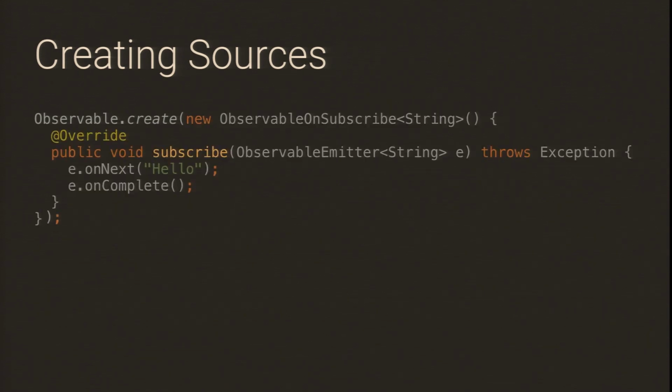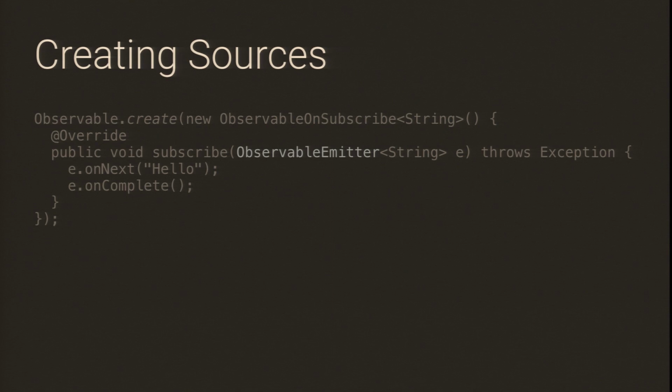All right, but the most interesting static factory method is aptly called create, and it's also the most powerful. This basically allows you to adapt any style of API into the reactive world of RxJava. It takes in a Lambda type, and that type has just a single parameter, and this is basically the downstream listener.